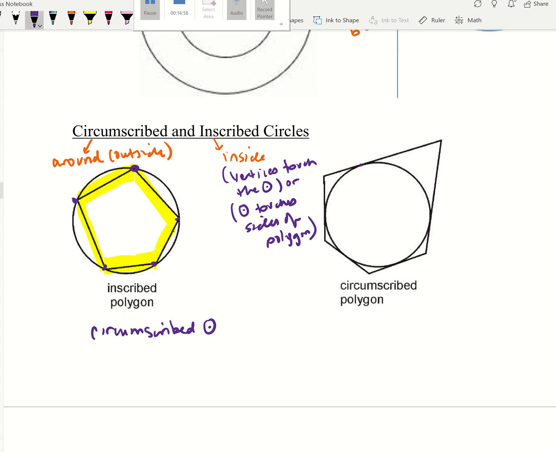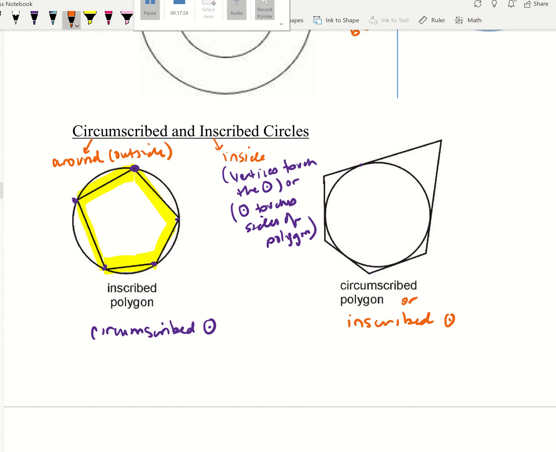For this next one, we could say that the polygon is circumscribing the circle because it's going around the outside and touching the circle once on each of those edges of the polygon. Or we could also describe this by saying that the circle is an inscribed circle because the circle is inside.